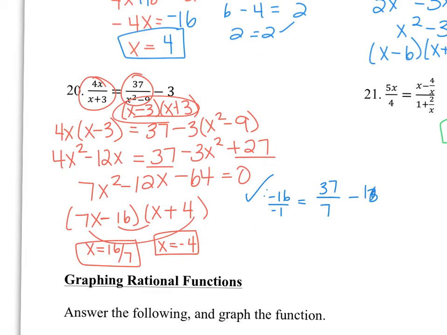That's going to be 21 over 7. So now I have positive 16 equals 37 minus 21 is 16 over 7. So that doesn't work.